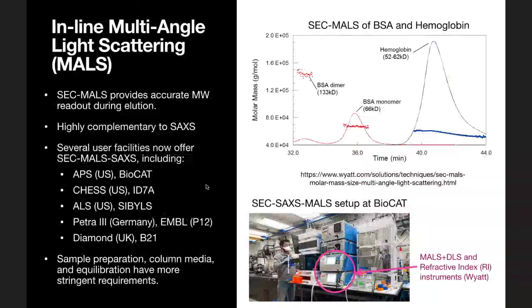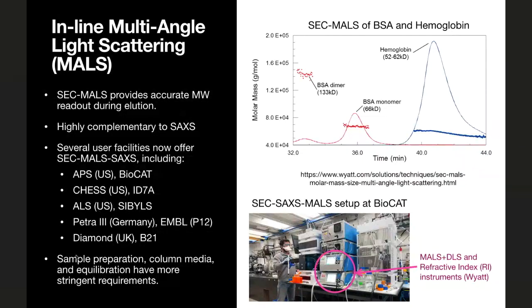And so it's sort of natural to consider doing SEC-SAXS and MALS at the same time. This is the SEC-SAXS-MALS setup at BioCAT, where you can see the chromatography system, and then these blue boxes are the MALS and DLS refractive index instruments from Wyatt. And so by doing this, you can get a whole suite of information during your experiment.